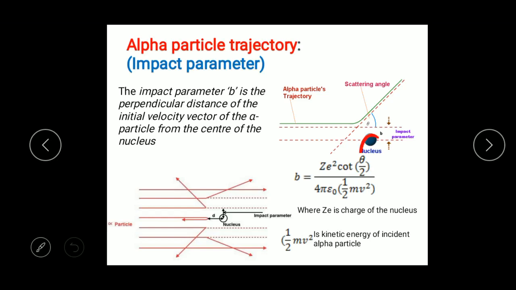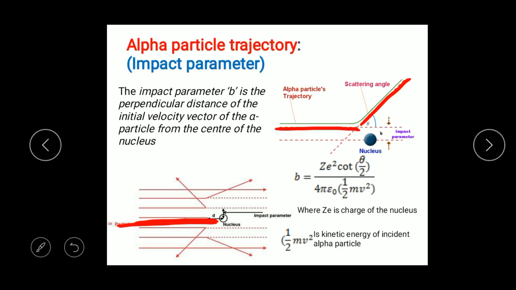So we have the nucleus here, and this is the path of the alpha particle, right? When this alpha particle reaches near the nucleus, since the alpha particle is positively charged and the nucleus is positively charged, there is a deflection in its path. When the alpha particle reaches directly towards the nucleus, it retraces its original path.